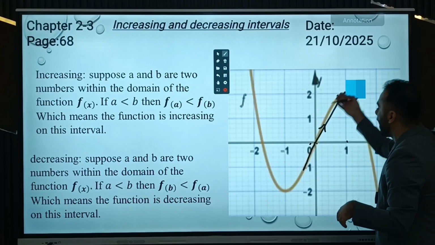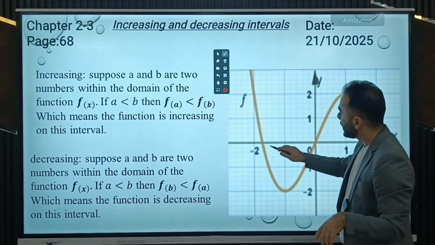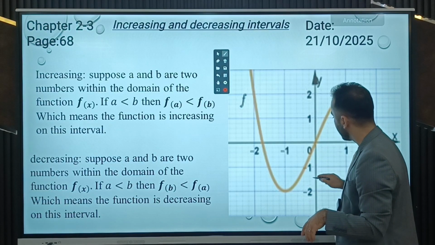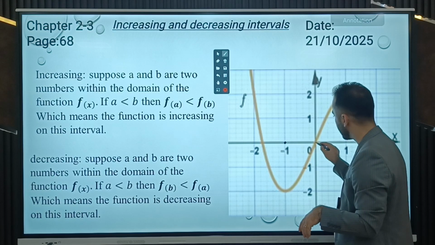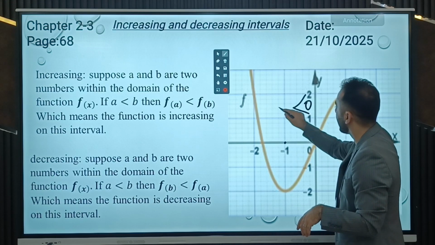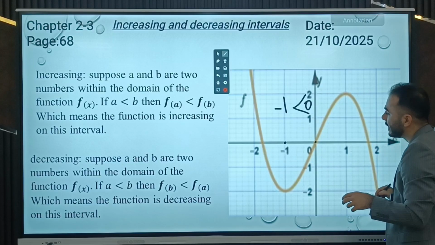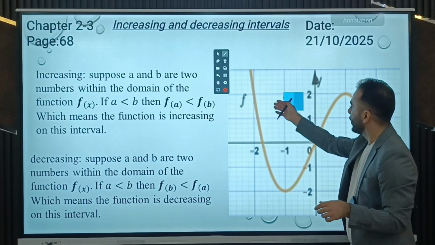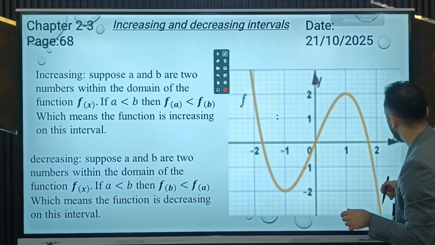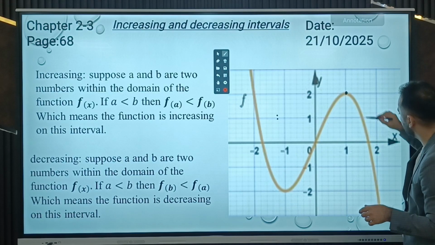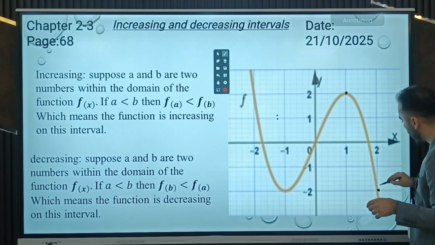Okay, how about if we take negative 1 and 0? So you know that 0 is greater than negative 1, right? Actually it's going to be increasing yet. Let's say, okay, 1 and 2. Everybody knows that 2 is greater than 1, right?